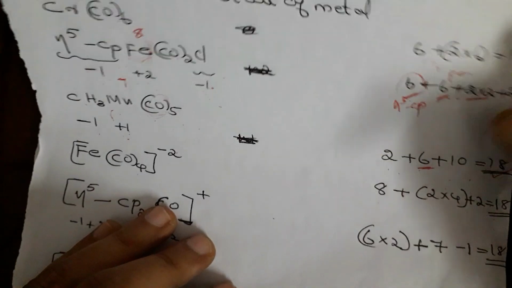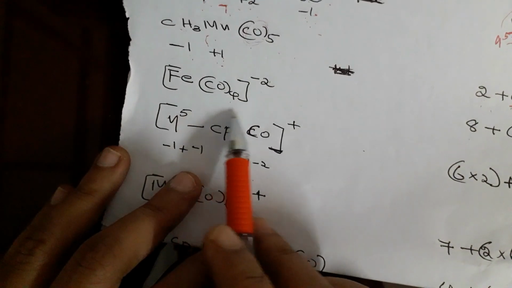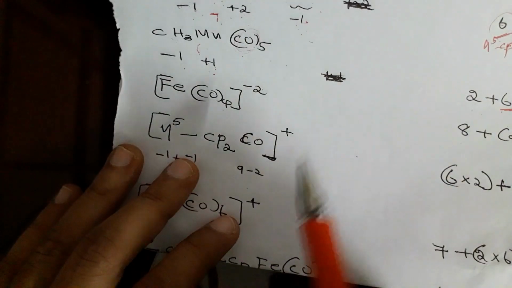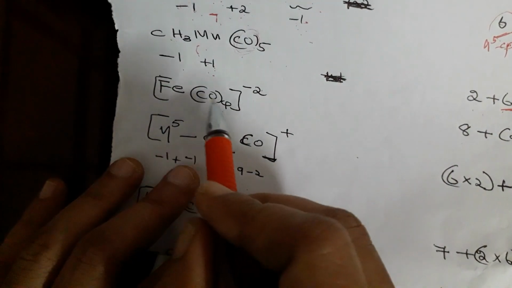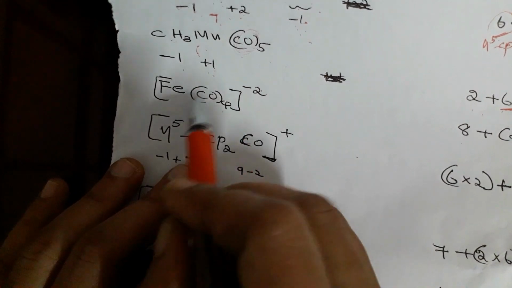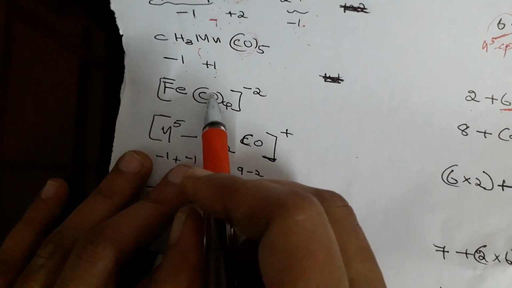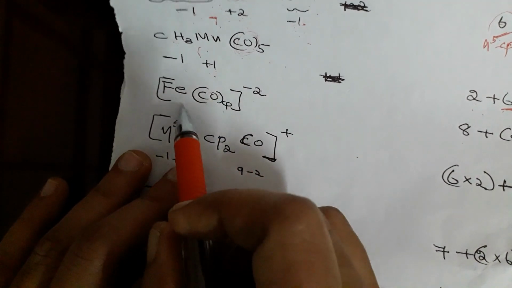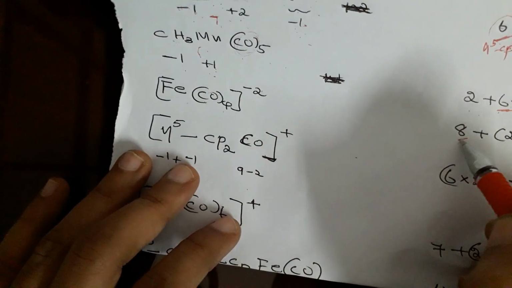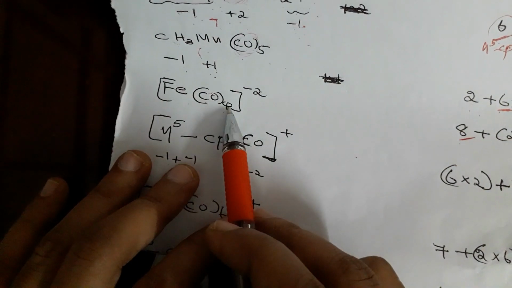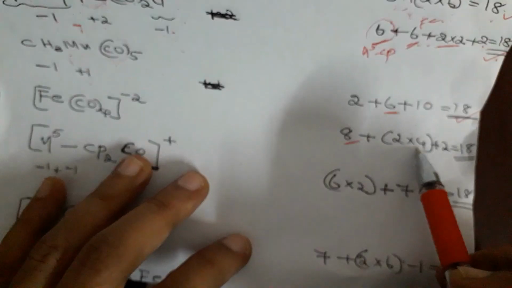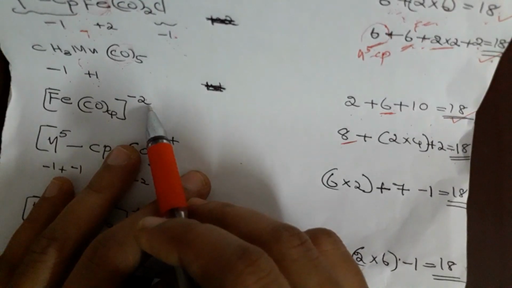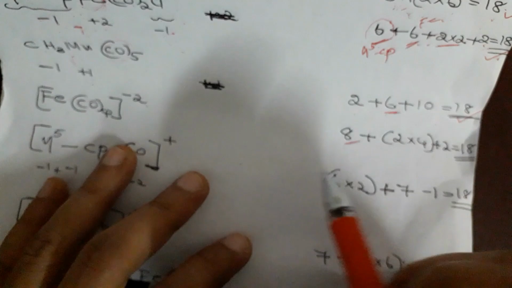Next one, Fe(CO)4 2 minus. Inside the bracket, CO4 has 0 charge, so Fe is 8, same thing, 8, then 4 into 2, 8, plus the charge 2, 18, same as the neutral atom method.